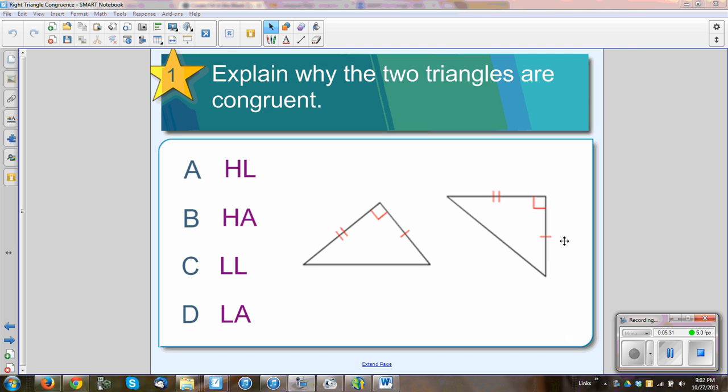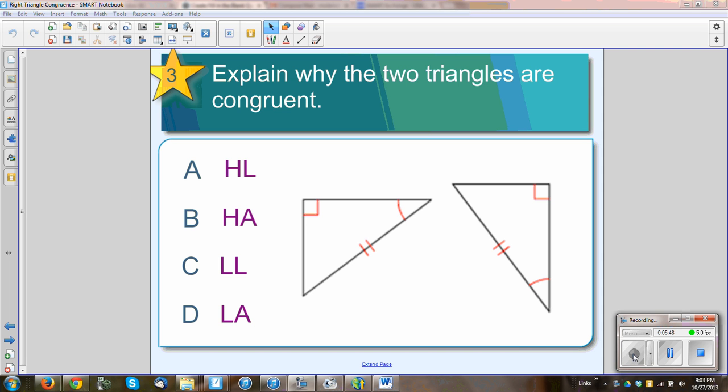Okay, looking at this, you need to answer the question: explain why the two triangles are congruent. And as you can see, you're using one of the right triangle congruence theorems. So see if you can get that one. Here's another. What kind of congruence do you see here?